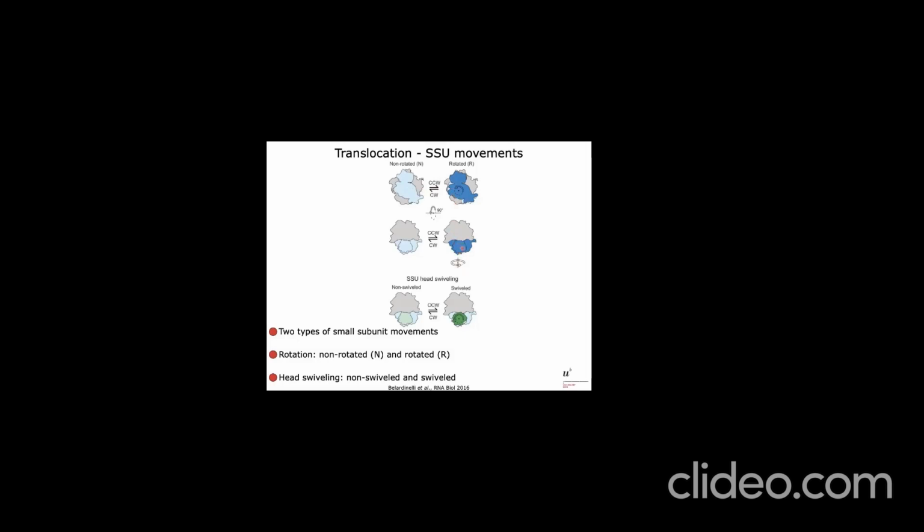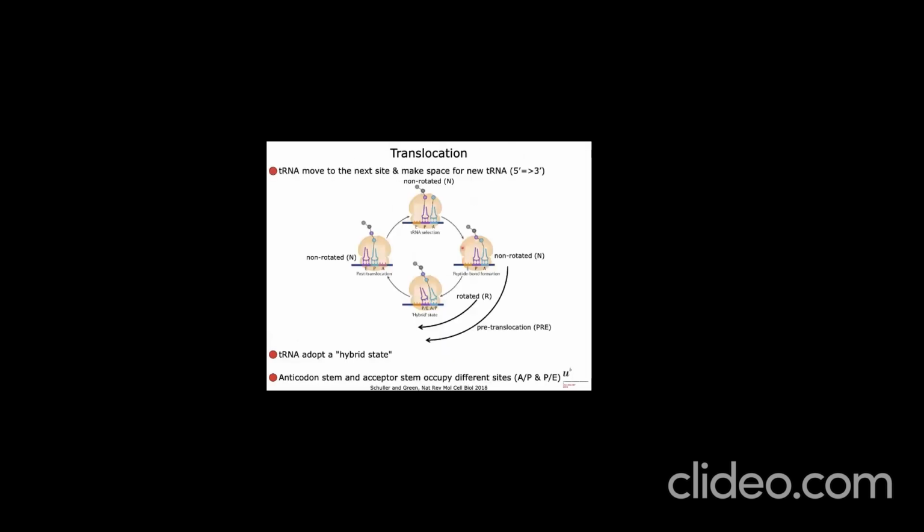So in addition to the rotation, there's a perpendicular movement which is swiveling. So again, a little rotation, but not between the two subunits, but now perpendicular to it. And both of these contribute to the probing of the codon-anticodon geometry. This is basically shown here as a cartoon.